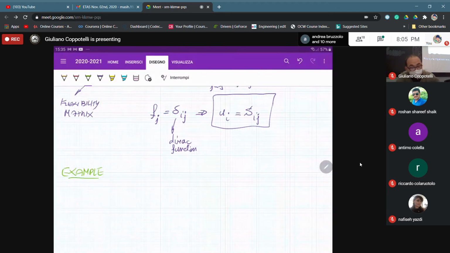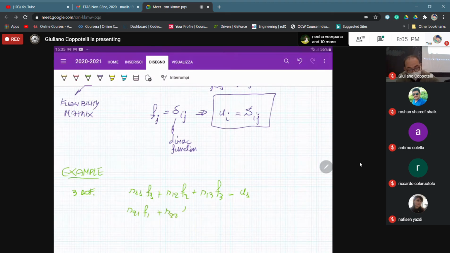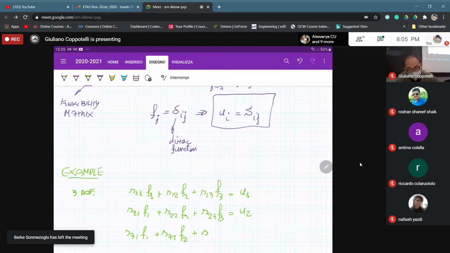If we have a system with 3 degrees of freedom, then we get S11 F1 plus S12 F2 plus S13 F3, equal to the displacement U1, then S21 F1 plus S22 F2 plus S23 F3 equal to U2, and finally S31 F1 plus S32 F2 plus S33 F3 equal to U3.